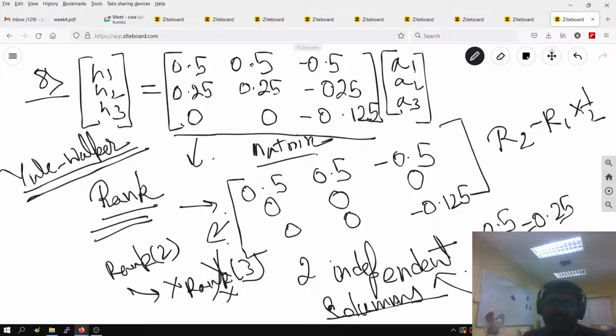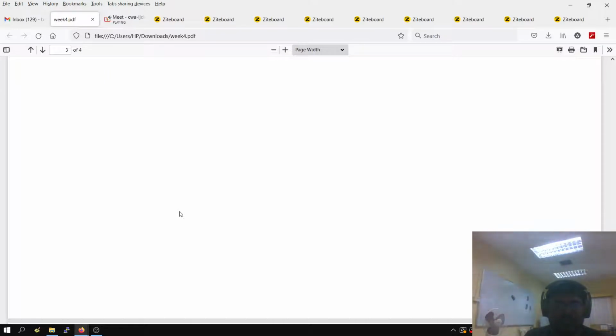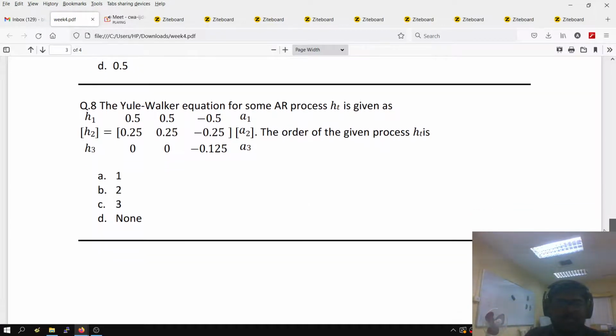Because of 2 independent columns only, the process is an AR2 process. So the right answer is option B, AR2.